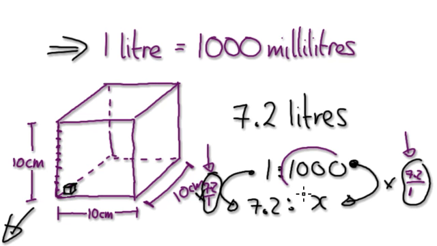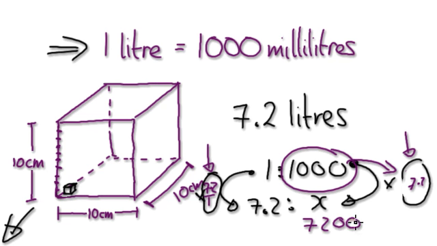So if you want to know what x is, get 1,000 times this multiplier, which is 7.2. So the answer would be 7200. Basically, you just need to develop your own technique.